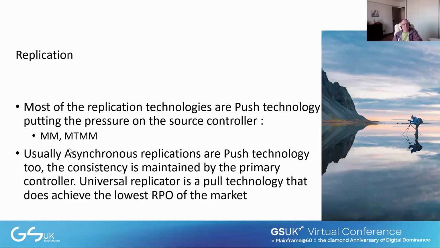And the capability to have a pull technology and expand the size of the cache with some physical disk in order to destage the data when the bandwidth is not sufficient for the remote to fetch the data is a really key technology to maintain the lowest RPO possible for the customer.